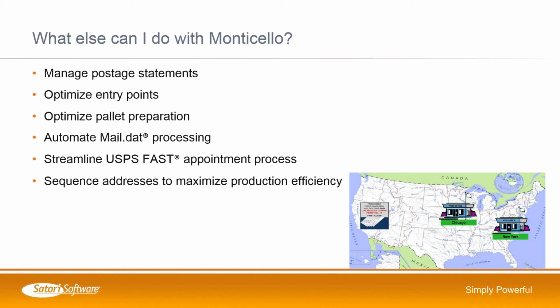This first area, managing postage statements. This is really about generating postage statements, whether that's for full mailings or partial submission. And our customers use the reports quite a bit for use in production, quality control, any kind of documentation they need to do, and to help them facilitate acceptance of the mailings.